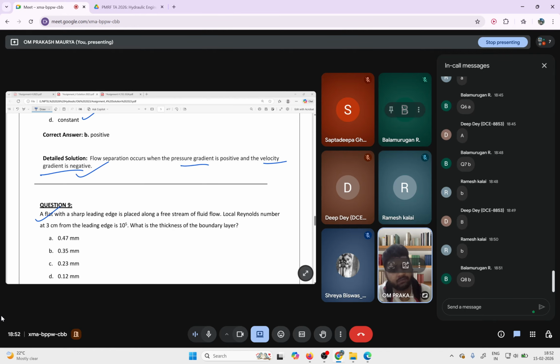So what will be the correct one? For question number 9, please just try to calculate and then write your answer. For 9, okay, Bala is telling A option, 0.47, fine. Other students, please. Okay, Ghosh is telling A option, fine.